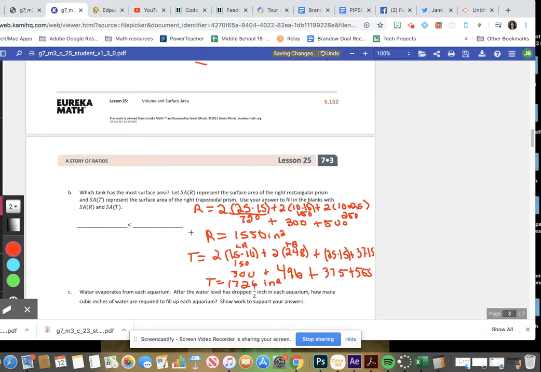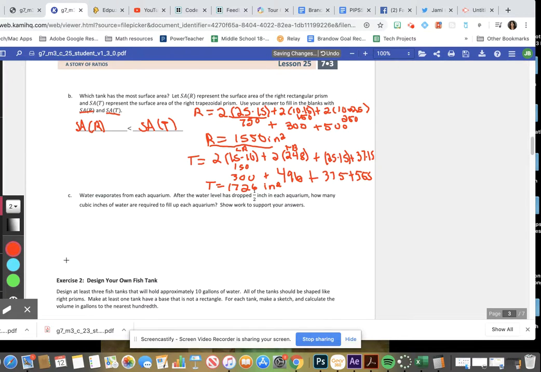And so again, they're wanting to write SAR and SAT, and which one is less than? Looks like SAR is going to be less than SAT. So the surface area of R is less than the surface area of prism T.